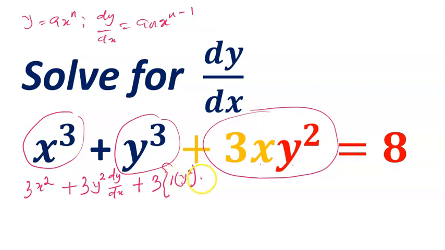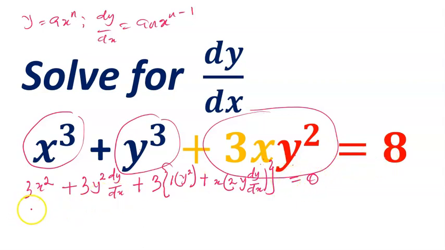Plus, I'll differentiate y raised to power 2 and keep x constant. That is, x now, differentiating y squared is going to become 2. I'll keep one of the y, then the other becomes dy/dx. Now bracket close, equals 8. 8 is a constant, and it becomes 0.